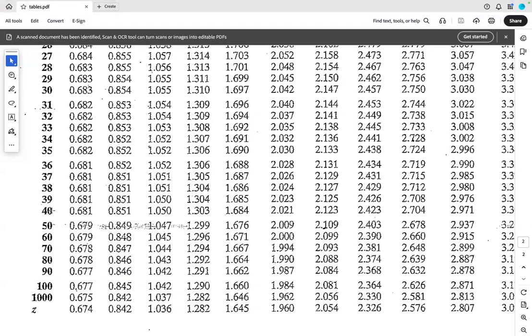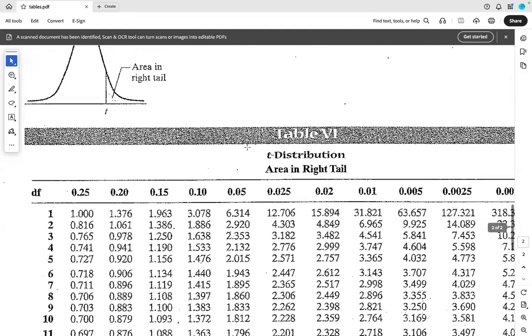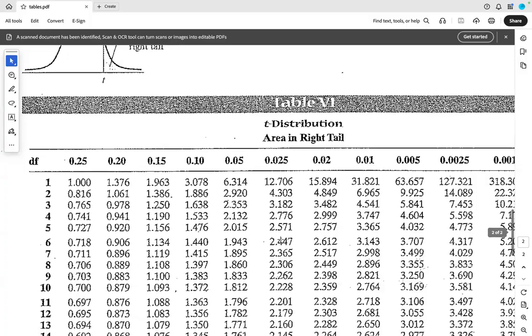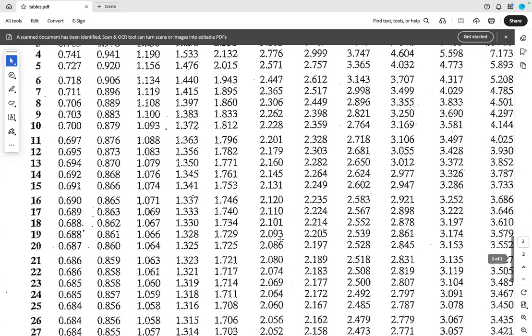Okay, let's go. 0.025 is this column right here. Now scroll down. We're using 17. So our critical value is 2.110.